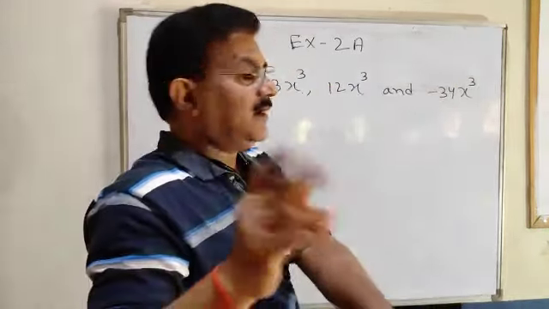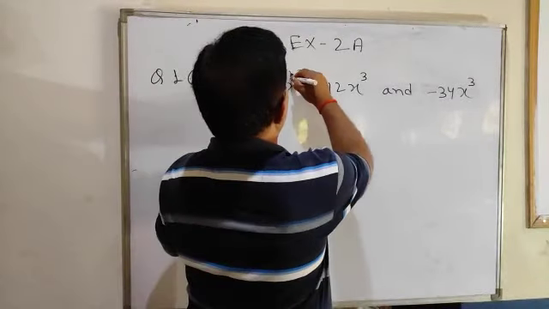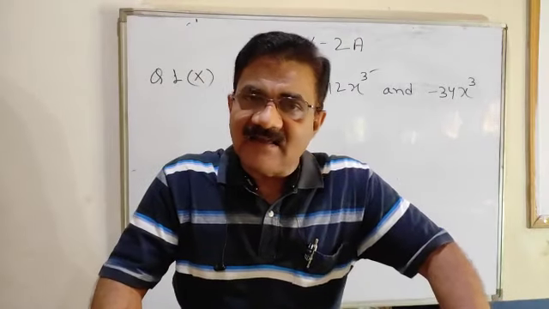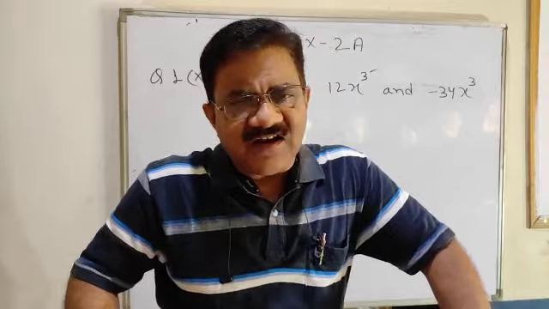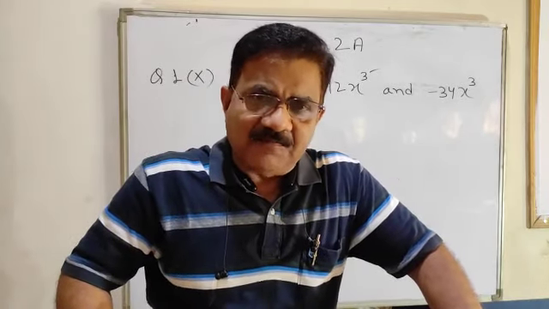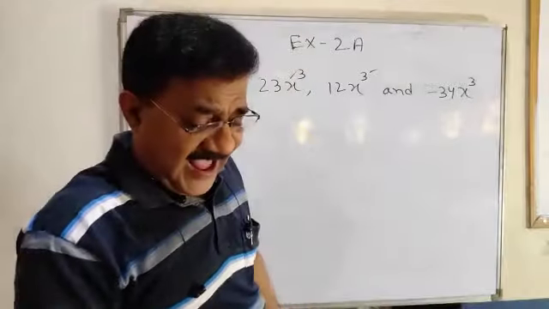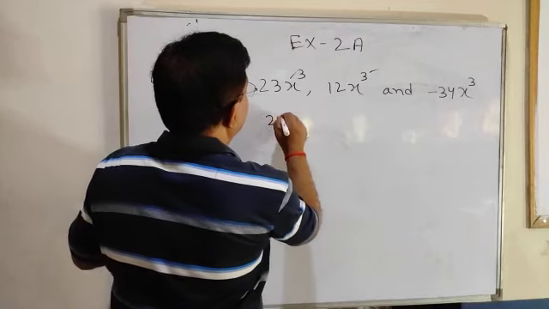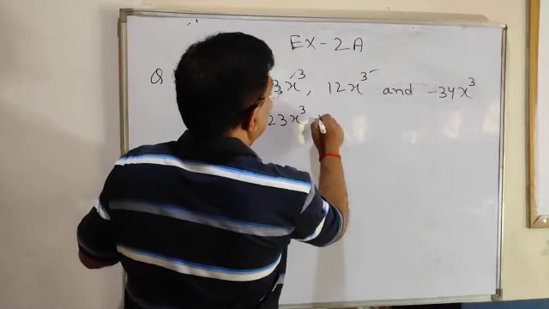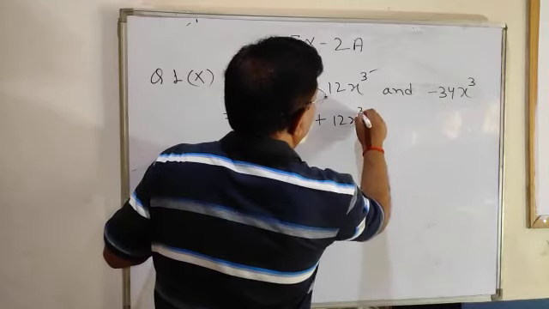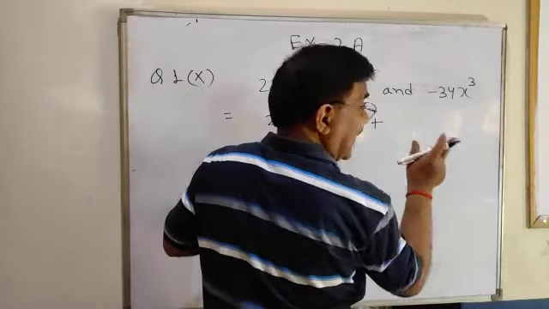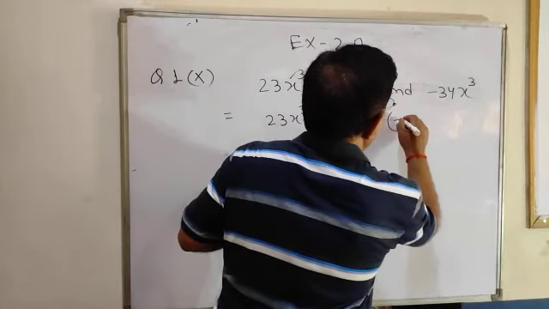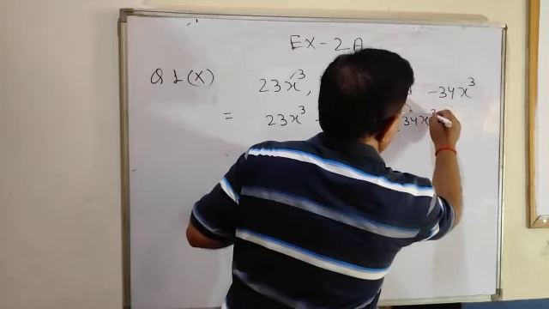See here, dear children, x cube and x cube, all these three terms are like terms. So addition and subtraction is possible. We have to add it. What we will do, just put the addition symbol. 23x cube plus 12x cube, and plus we have to add, so we will write the sign of plus, and in bracket minus 34x cube.